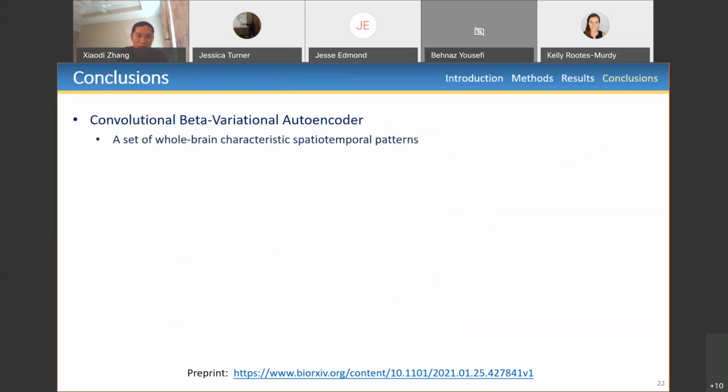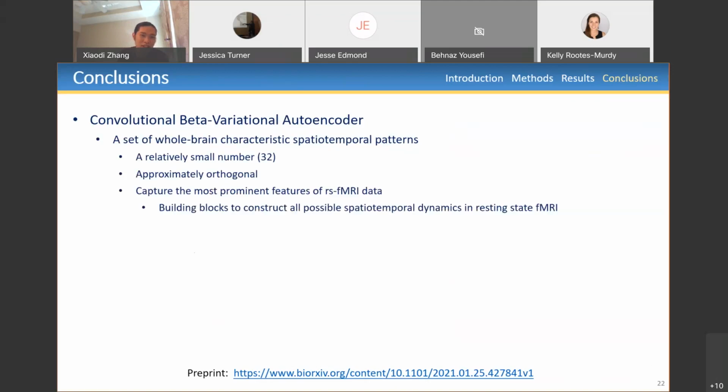here we propose a new variational autoencoder. We obtain a set of characteristic spatiotemporal patterns. The number is relatively small compared to the original data size, and they are approximately orthogonal to each other, so that it helps with our interpretations.